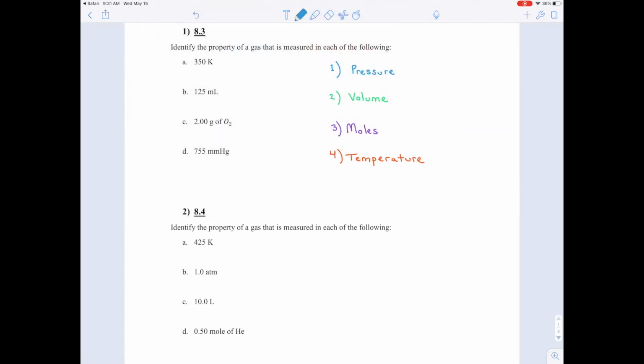Now, something that's going to be really useful in these problems is being able to associate these different properties with units. So pressure is usually measured either in atmospheres, that's the amount of pressure that a column of air from sea level to outer space exerts on a person at sea level. You don't think about it, but we live at the bottom of an ocean of air, and all of that air is constantly pushing down on us.